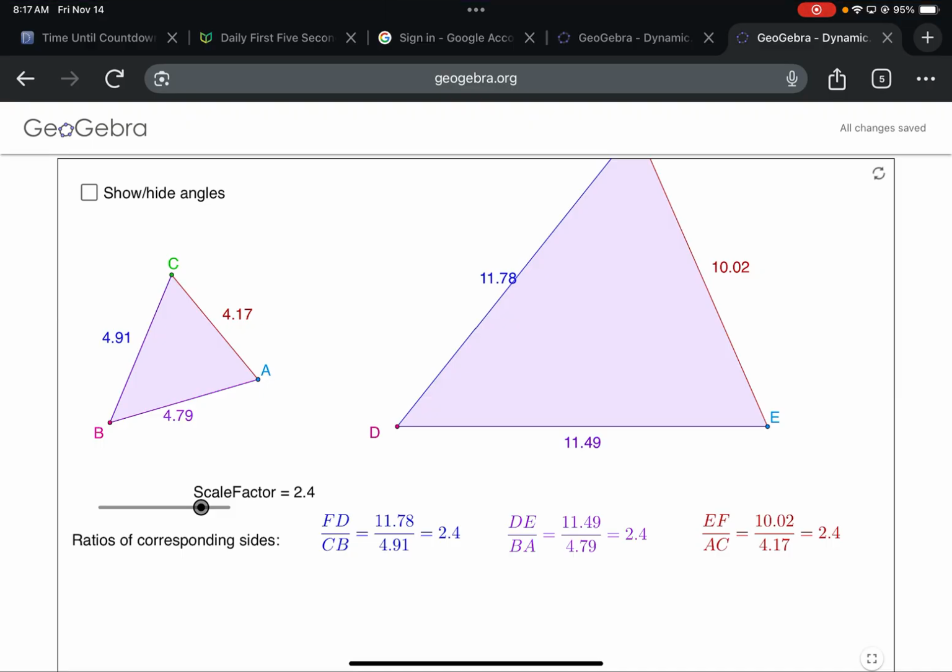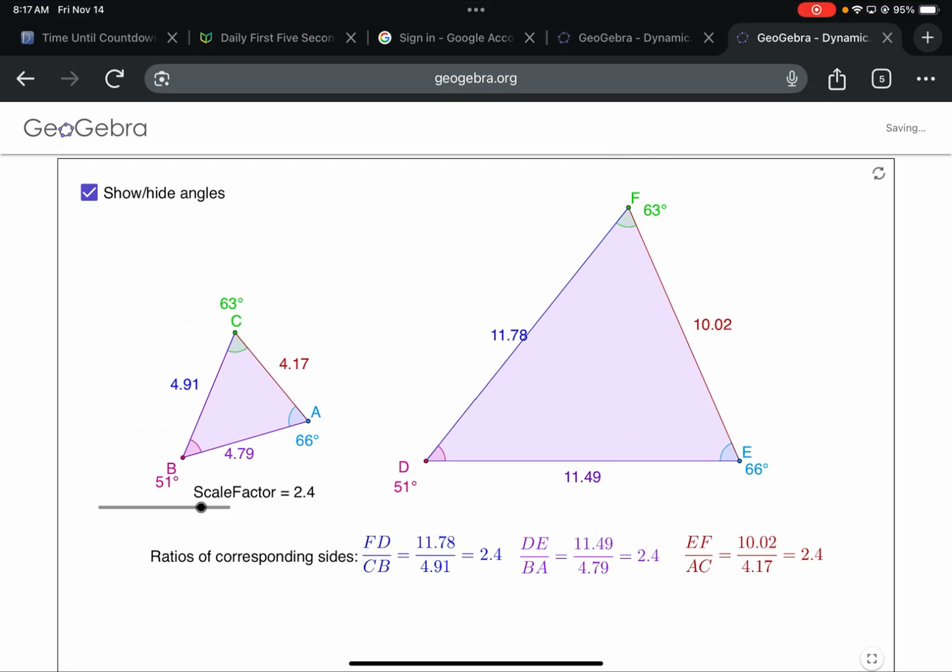Let's look at what happens to the angle measure. Let's make sure that these triangles are similar. Because right now we only have 3 sides. I know nothing about my angles. So let's look. If I measure my angles, what do we notice about all 3 angles of each triangle? Are they the same or different?